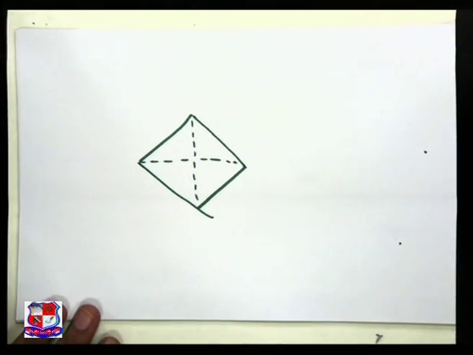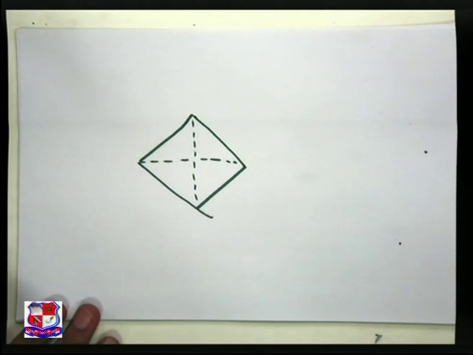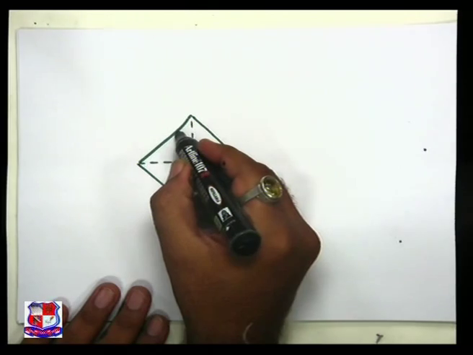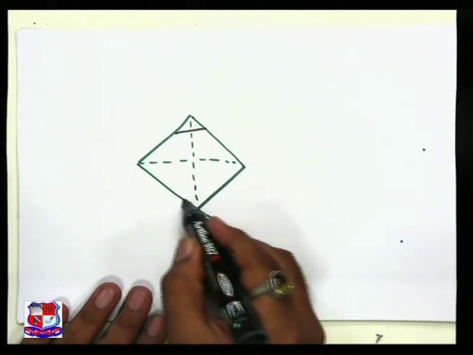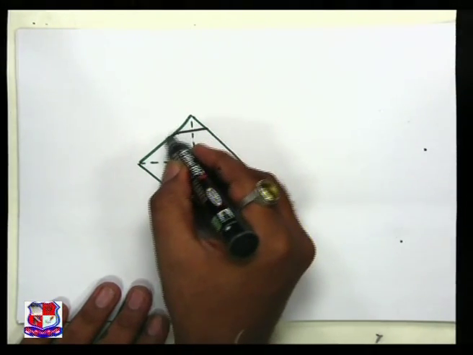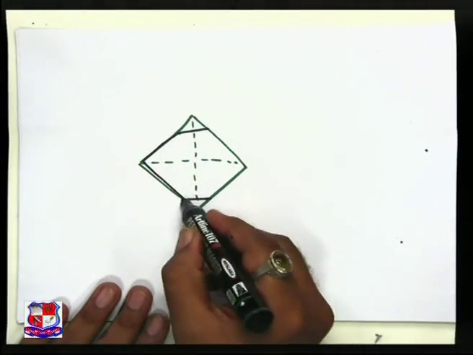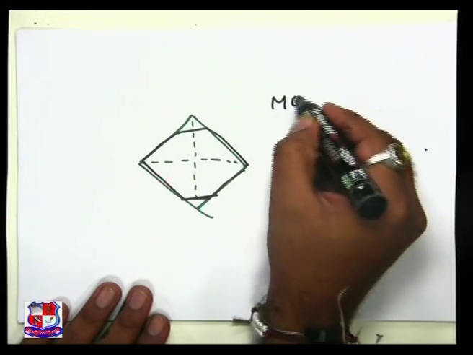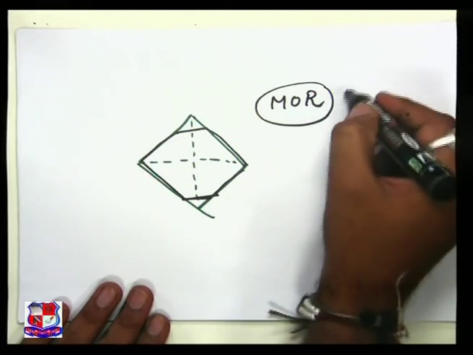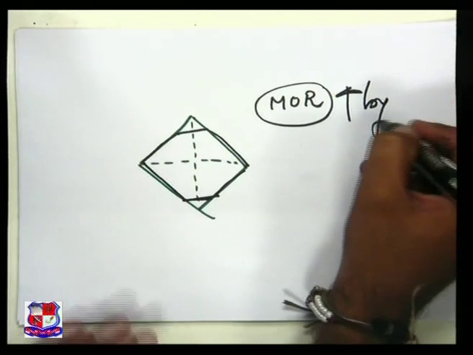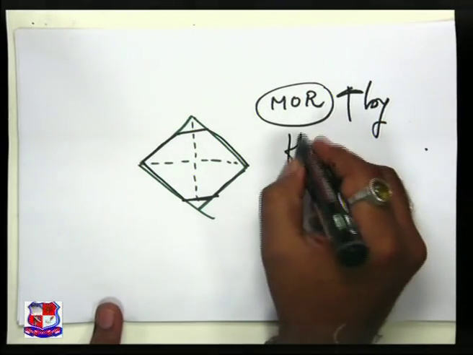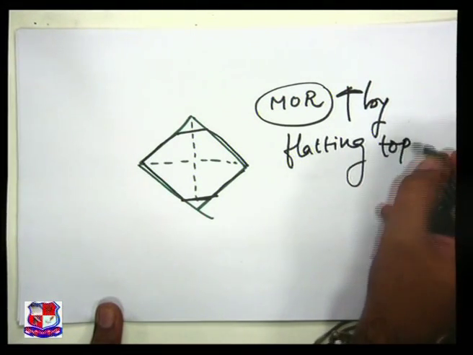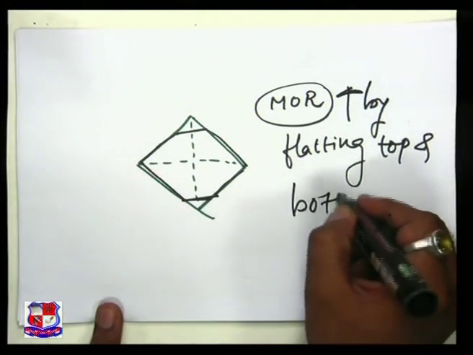The statement in this particular problem is that if I flatten the top portion and the bottom portion, so that my new section is available, the strength will be increased, the moment of resistance will be increased, by flattening top and bottom.